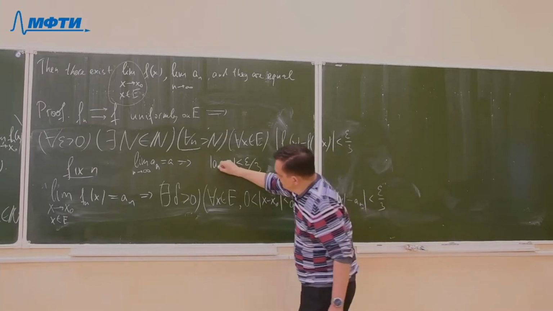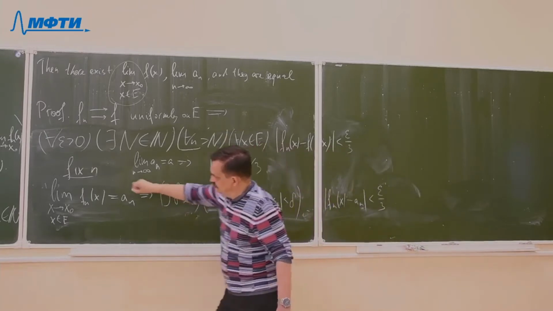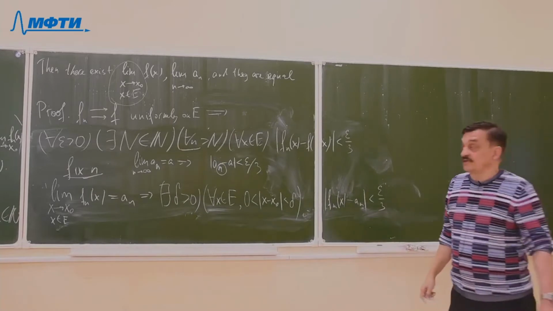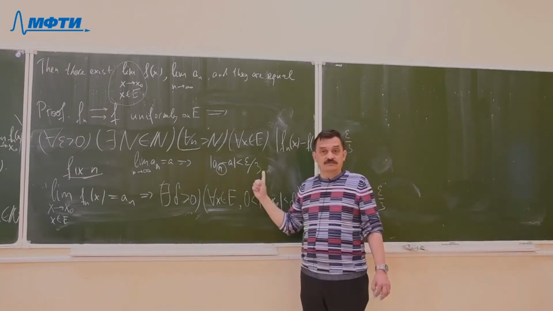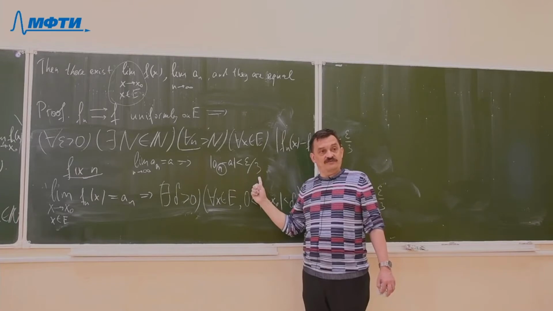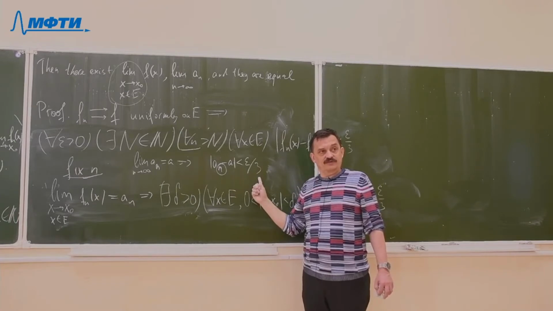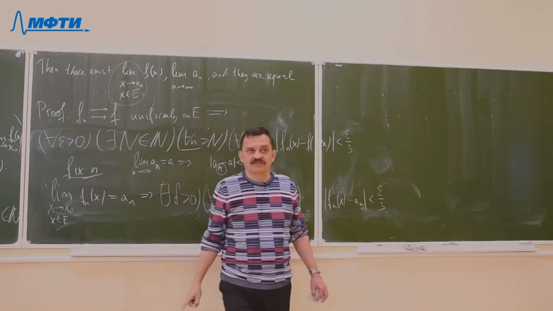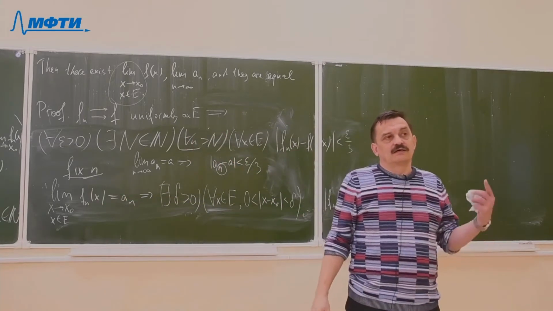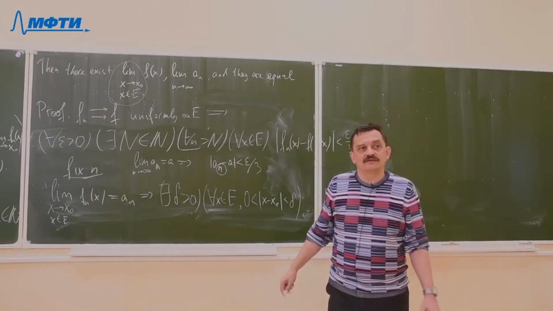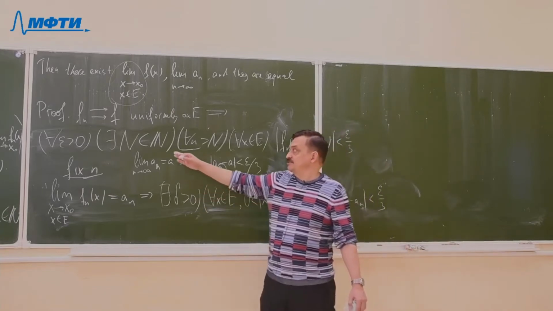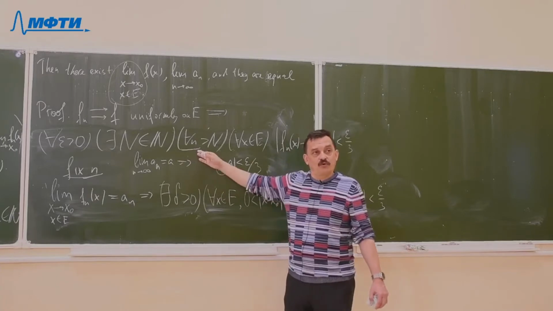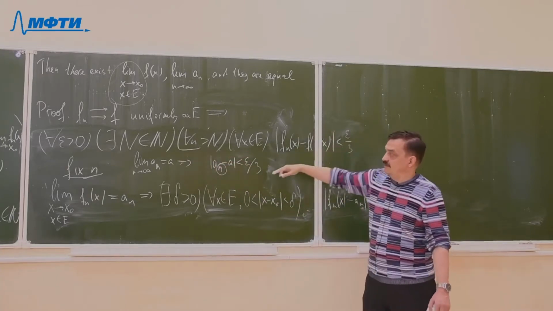So this n should also be sufficiently large to have this inequality. So when I said fix n, we fix n which is sufficiently large to satisfy both inequalities, that one and this.